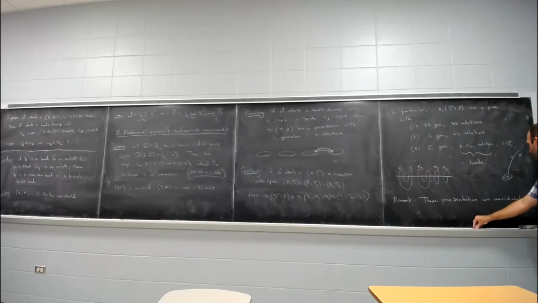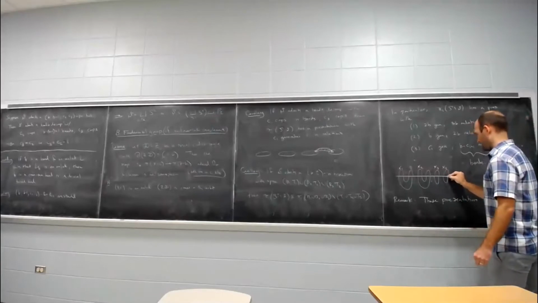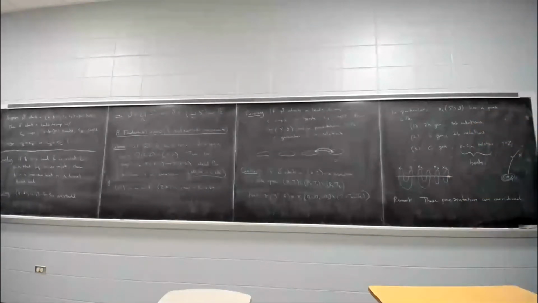And so a meridional curve is any curve that's isotopic to the boundary of a disk intersecting the surface in a single point. And so this says that these generators can be chosen to be meridional. And of course, the way we were choosing them is that they're actually the little meridians of the bridge points.